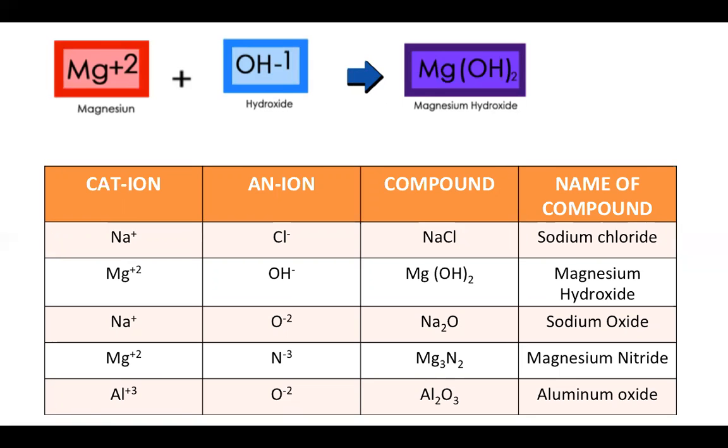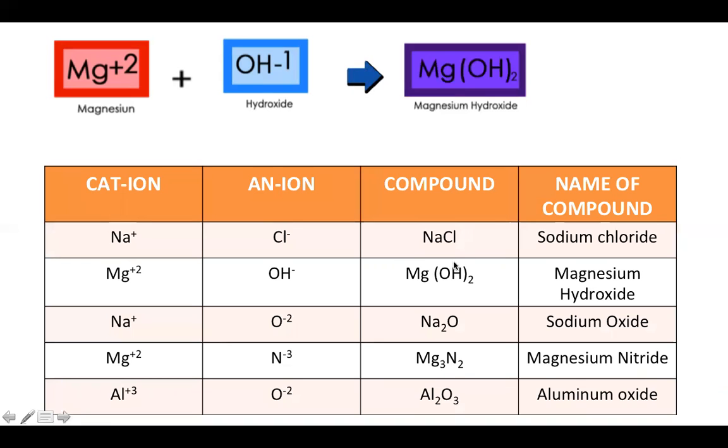So you have to crisscross the number of charges of two different elements. If it is monoatomic or polyatomic, make sure that you put a parenthesis on polyatomic ions if the number of charge reaches 2 or over. Kung 2 pataas, so you have to put the parenthesis.